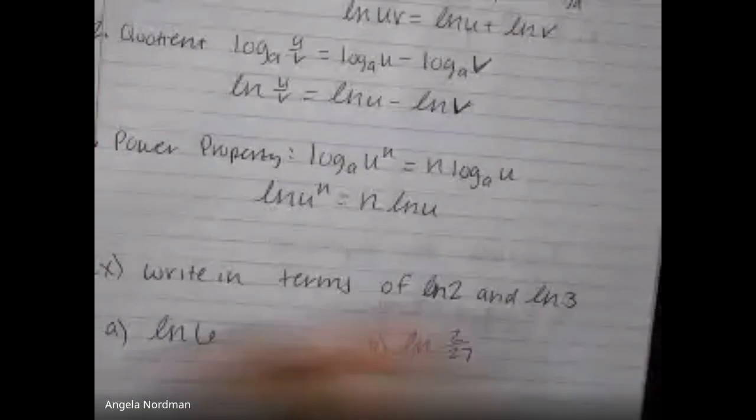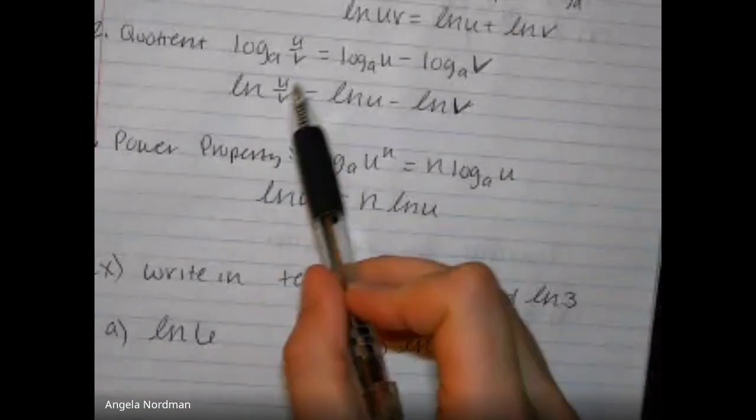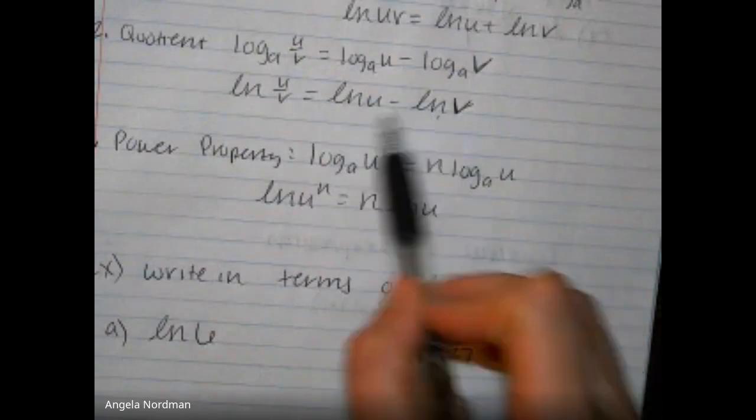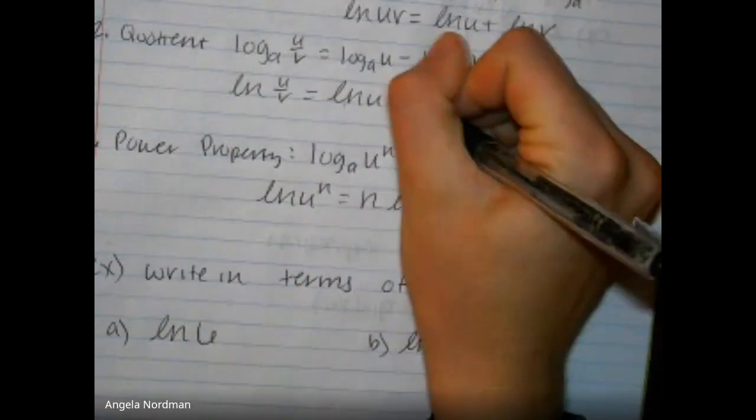Then if we're talking about a quotient, two things being divided, we instead split those up by subtraction. So log of the same base, the numerator goes first, followed by subtraction of what was in the denominator. And again, this follows through for natural log. Anything that's being divided, go ahead and separate that with two natural logs and just use subtraction instead.